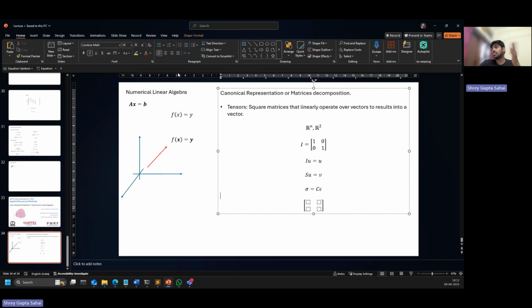Sorry, stress is a vector, strain is a vector. But when two vectors are to be related, when you want to say a vector is a function of a vector, then there comes the idea of a tensor, because a tensor is the operator which operates on a vector to give you a vector. That is the idea there.